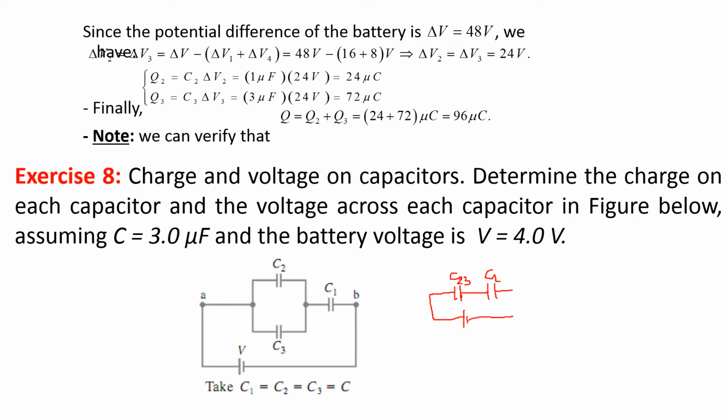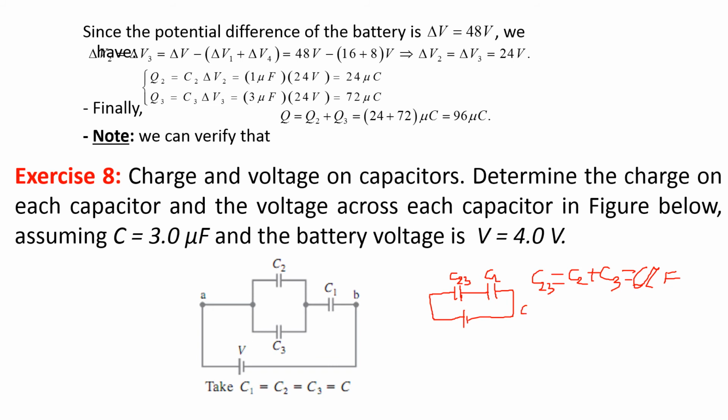And then we may determine this C23, which is obtained by the algebraic sum of capacitance 2 plus capacitance 3, which is equal to 6 microfarad.